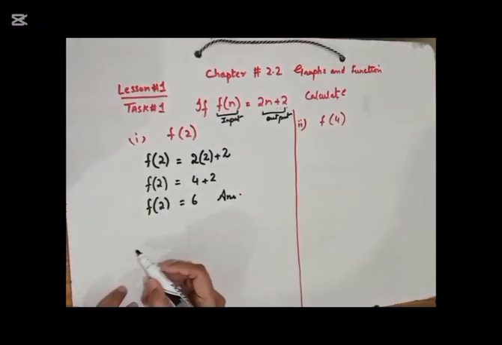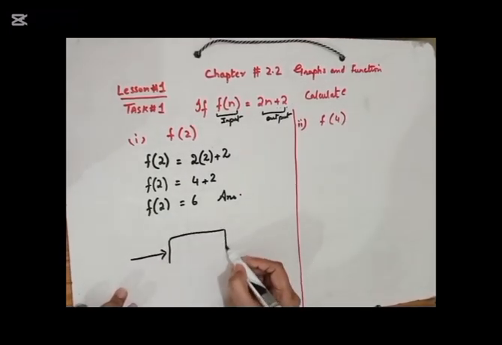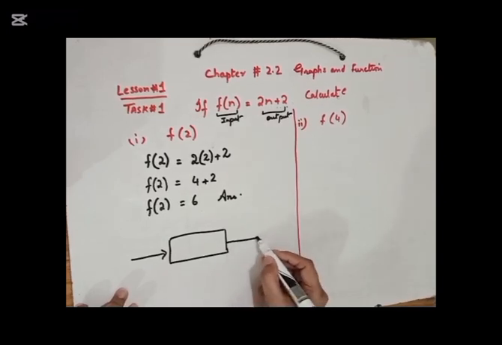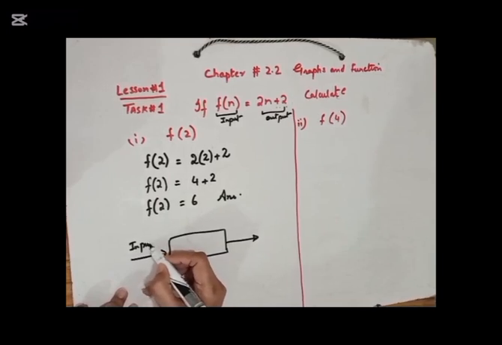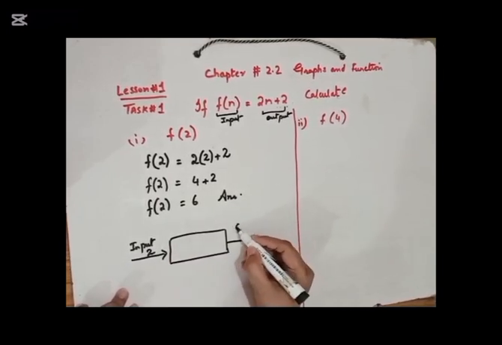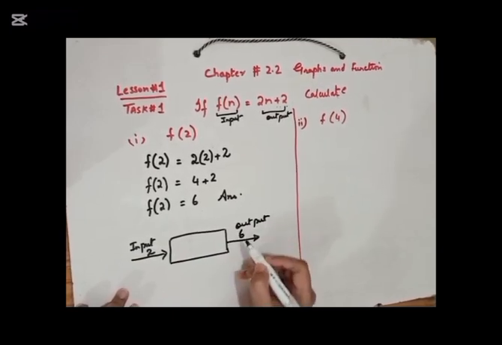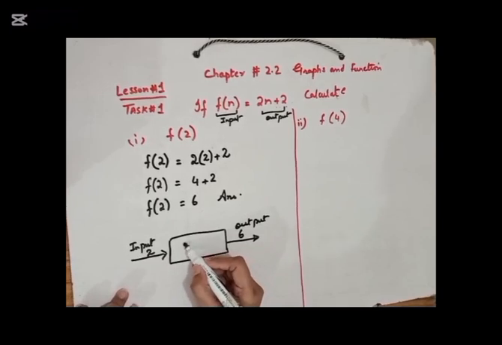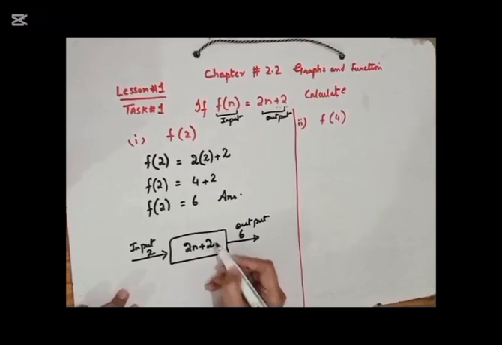In very simple language, if this is your function machine, the input we had was 2, right, and we calculate the output, that is 6, and the equation given inside our function machine is 2n plus 2.